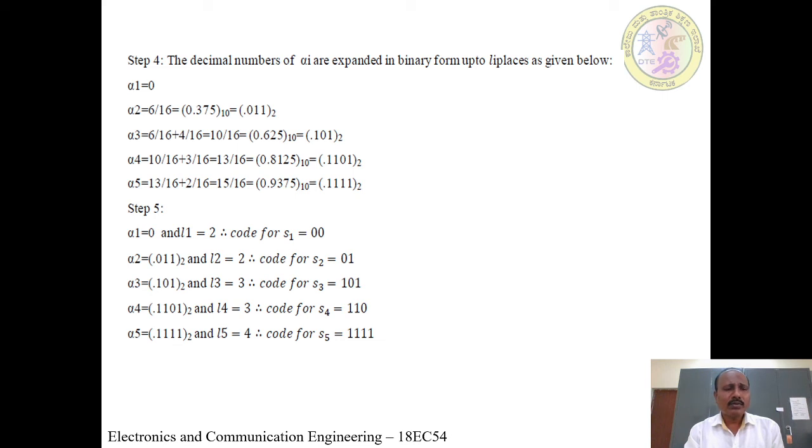And alpha 5 equal to 0.1111 in binary and L5 equal to 4, therefore the code for S5 is all ones, that is 4 ones. So this is the code we have constructed using Shannon's encoding algorithm.